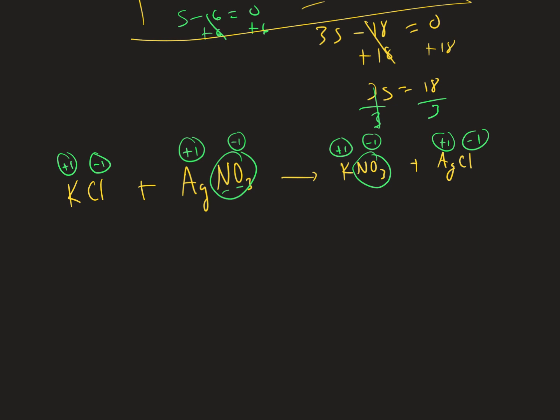A lot of times it is, but let me say on this one, do we even have to figure out the oxidation numbers? Why not? Because it's a double replacement reaction. Since it's a double replacement reaction, it will never be an oxidation reduction reaction, so we don't have to worry about oxidation numbers.